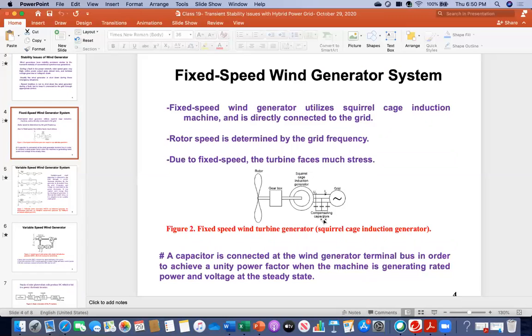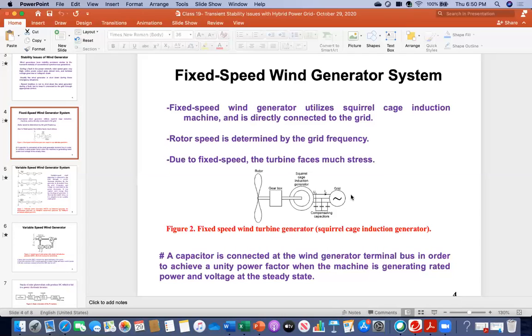I am saying that so that you don't argue that you have a capacitor that will handle it. Keep in mind, this capacitor is only for the steady state. During a transient situation, it will work, but it does not have much influence. It will try to do something, but it does not have control capability because it is uncontrolled, plus it does not have any power electronics equipment connected.